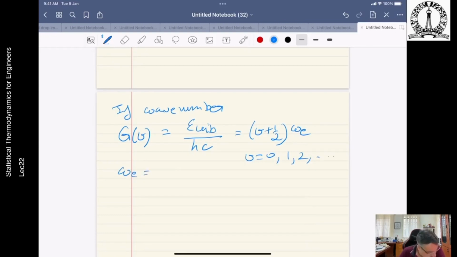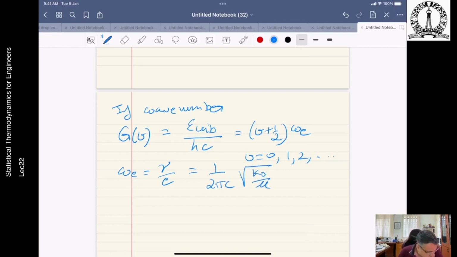Omega e is equal to nu by c, which is the frequency, from the spring constant k naught. So this is in the wave number space.